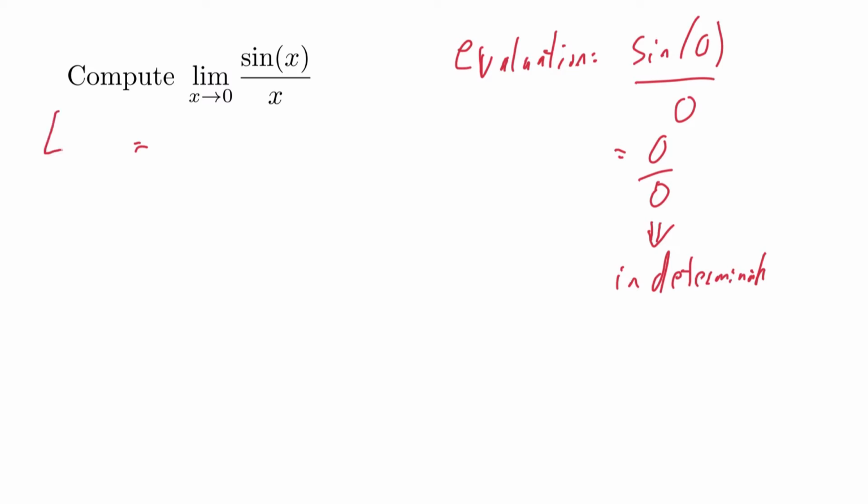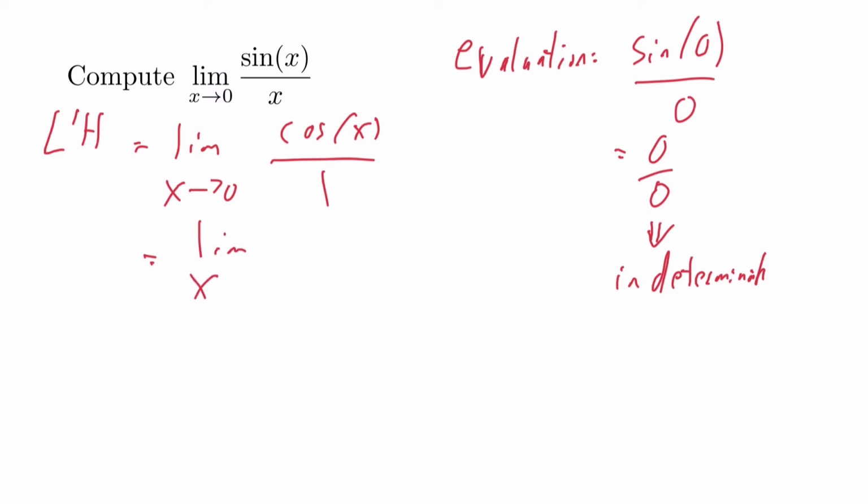So by L'Hopital's rule, if we didn't already know that this was 1, we could differentiate and say that I get cosine x and 1. Cosine is continuous, so I just get cosine of 0, so 1. Right, so we can see that L'Hopital's rule is really a very powerful technique for us.